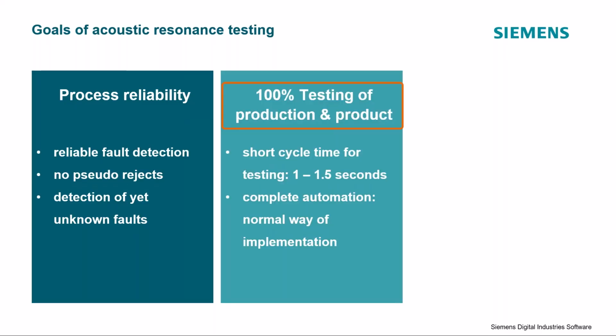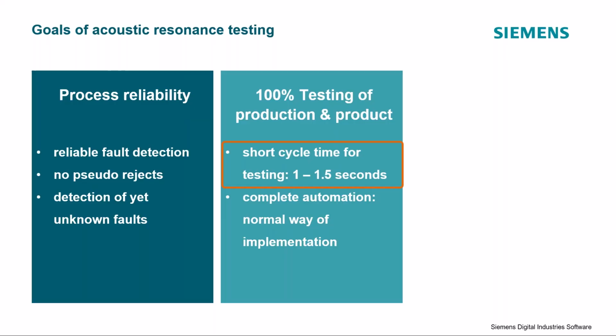It's the 100% testing of production and product. Well, 100% testing of a product means each and every part. And to achieve this, you need a short cycle time for the testing. Ours is about 1 to 1.5 seconds. That's enough for getting a signal from the part, meaning some sound or vibration excitation.